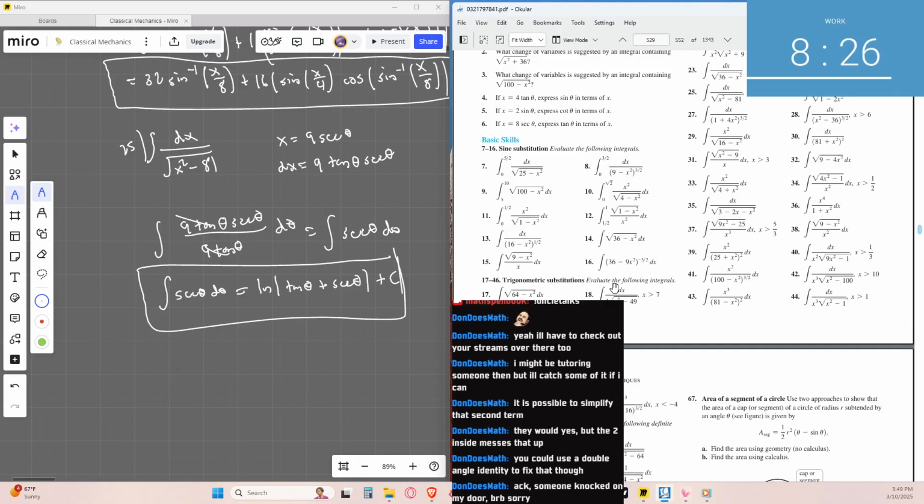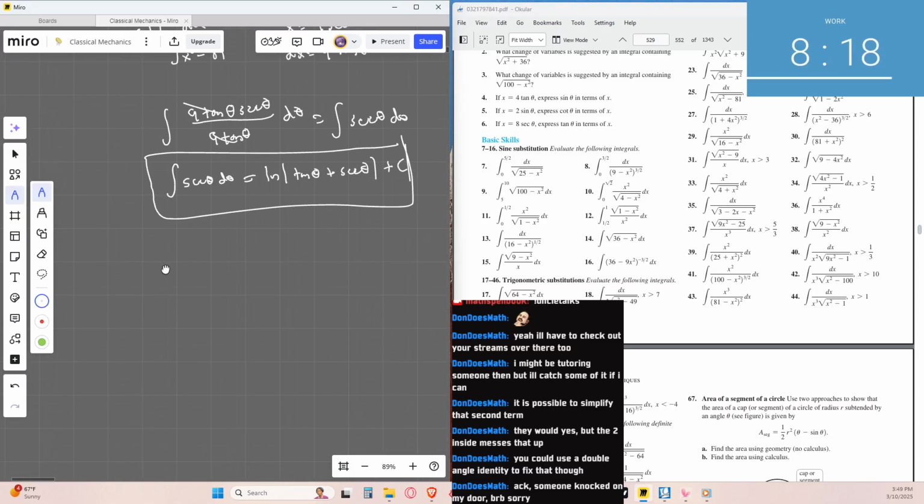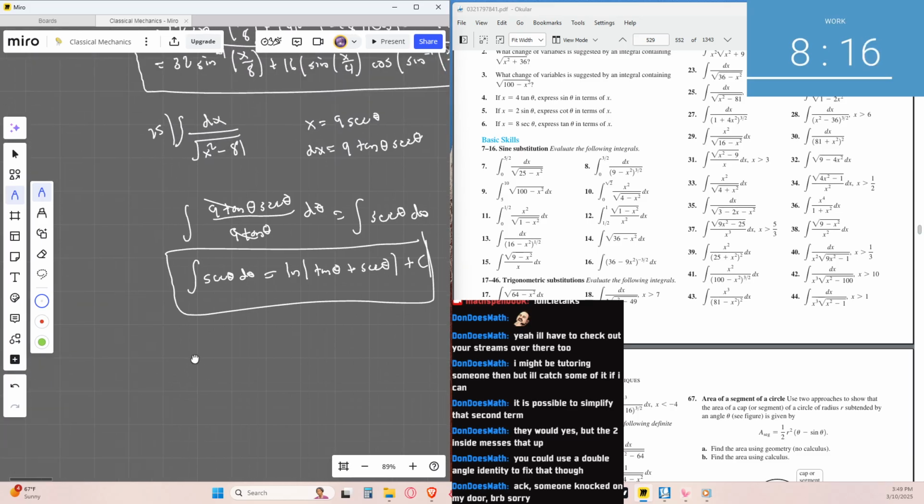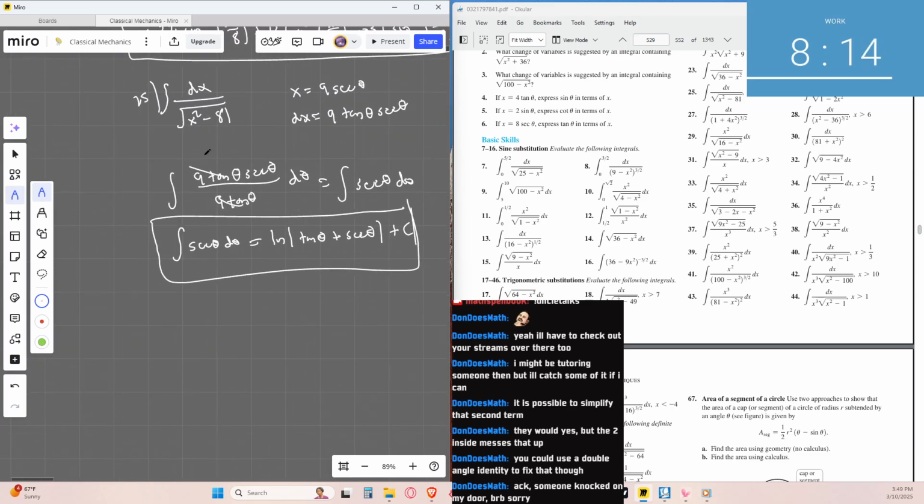Okay, so I did promise you guys a tangent problem, because we did do a secant problem. And we managed to navigate our way out of the woods with that one, so I'm just trying to triple check to make sure that I got everything right. Because then the square root. Okay, so I think we did that fine.